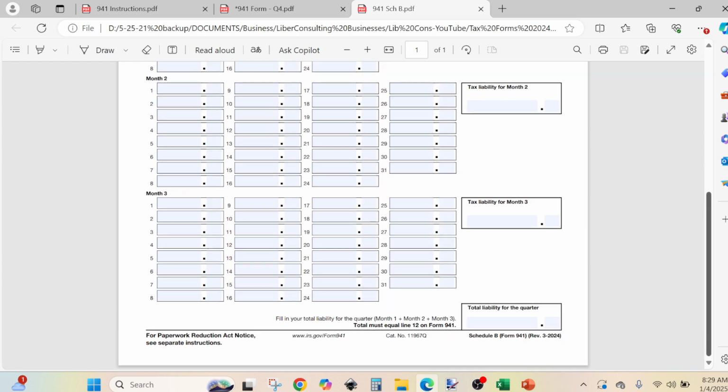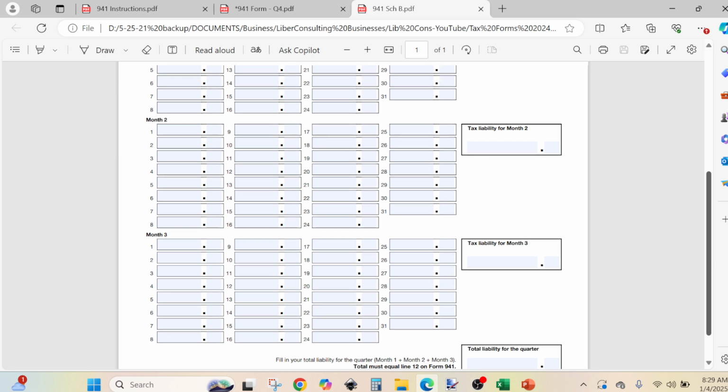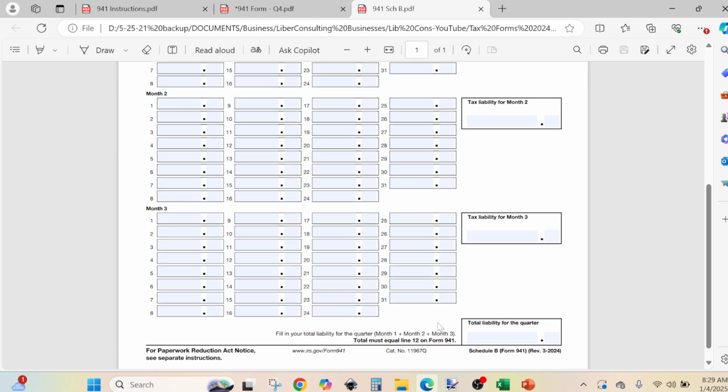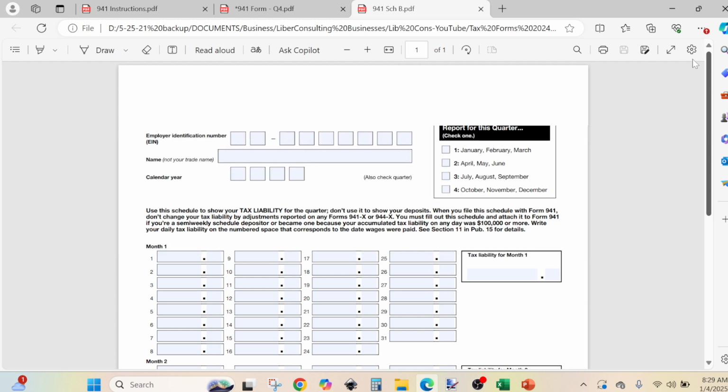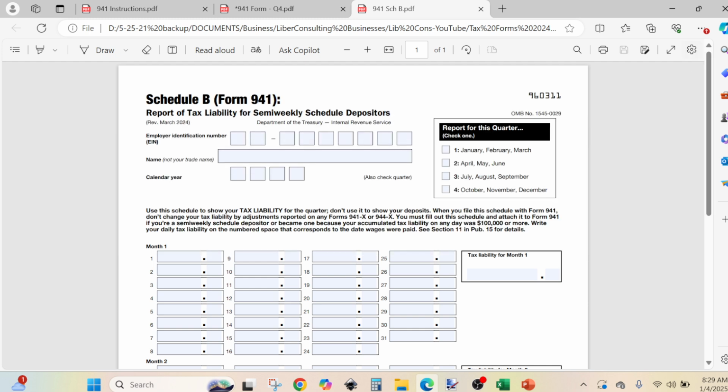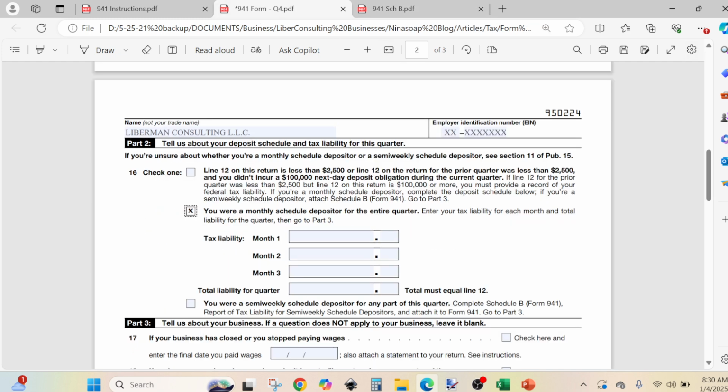The total of it will match your line 12 for all the quarters. That is Schedule B, Form 941, that is required to be attached if you check the third box, that you are a semiweekly schedule depositor any part of this quarter 4 that we are filing for.